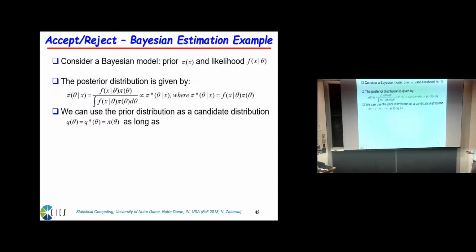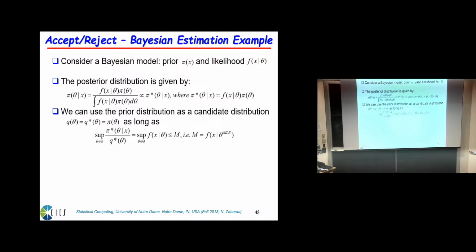And if you think about it, that makes sense, because the prior is before you have seen any data, so it's a very broad distribution. The posterior, as you collect data, becomes narrower and narrower, okay? So really the prior is on top of the posterior, okay?